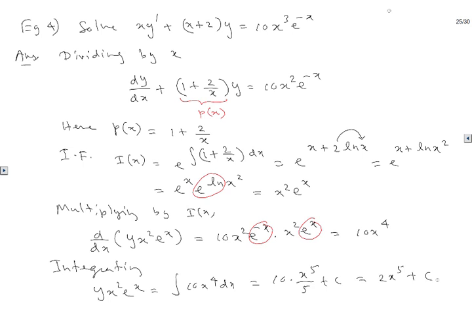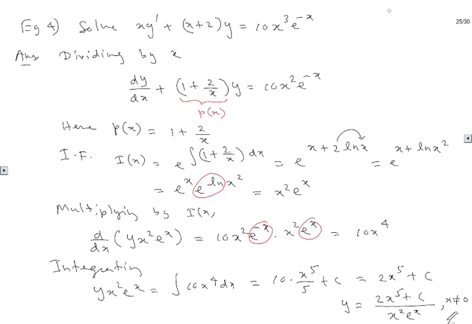So what's the solution? If you divide by that, you're going to get y equals (2x⁵ + c) over x²e^x. Okay, and here x is not equal to 0. So that's the solution.